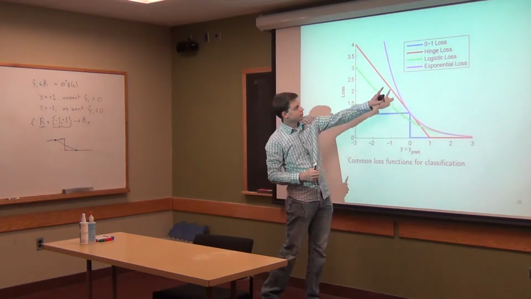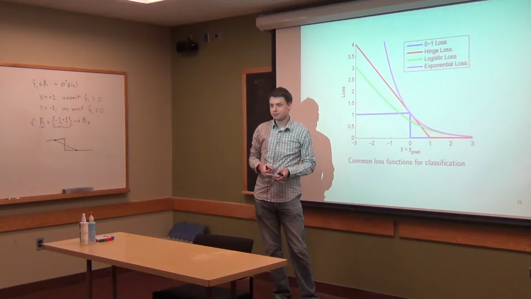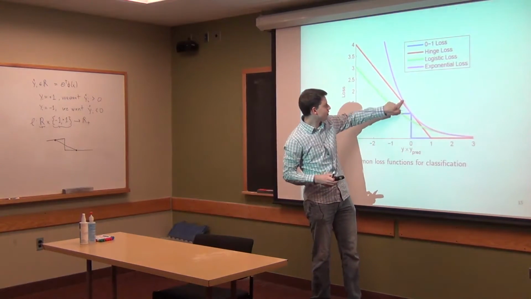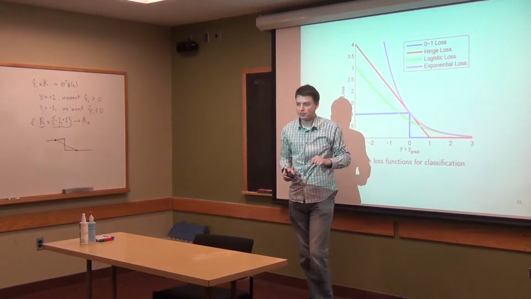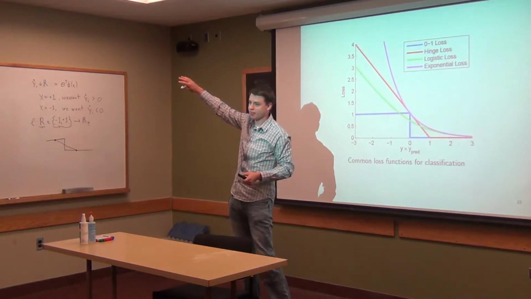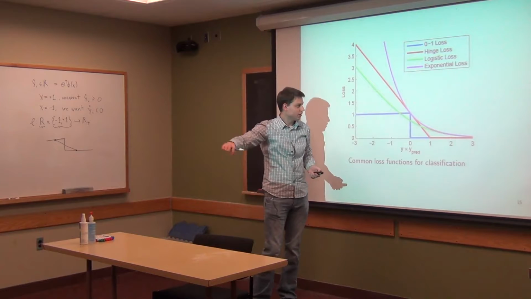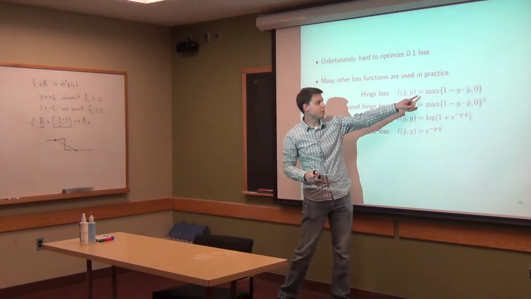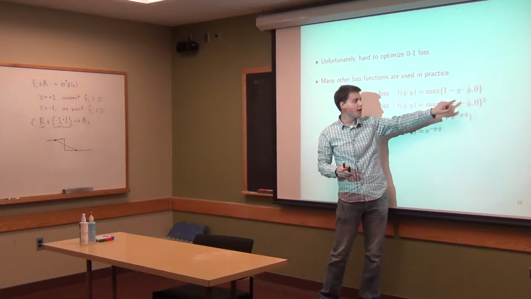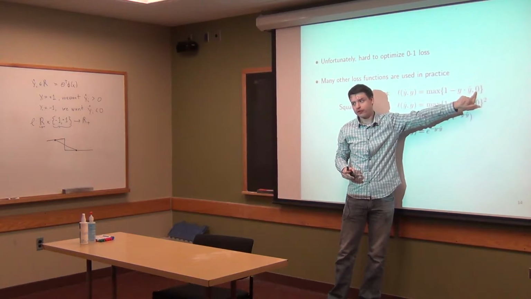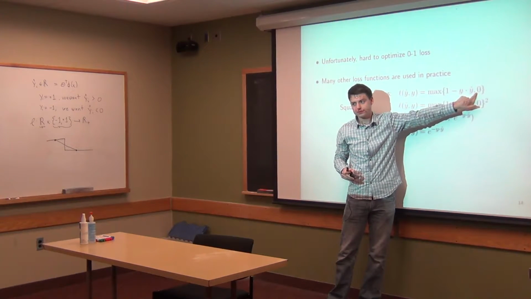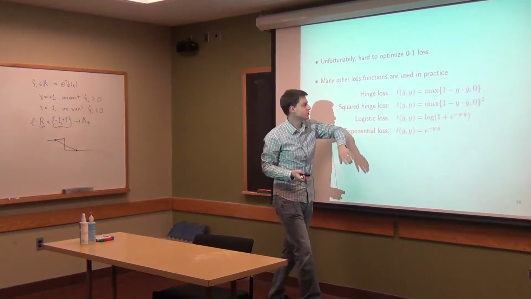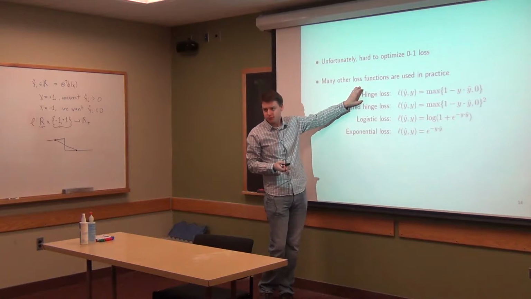The red line, which is 0 everywhere, and then at 1 goes up and increases linearly, that's called hinge loss. That is defined formally as the max of 1 minus this product and 0. So I'm just looking at hinge loss now.